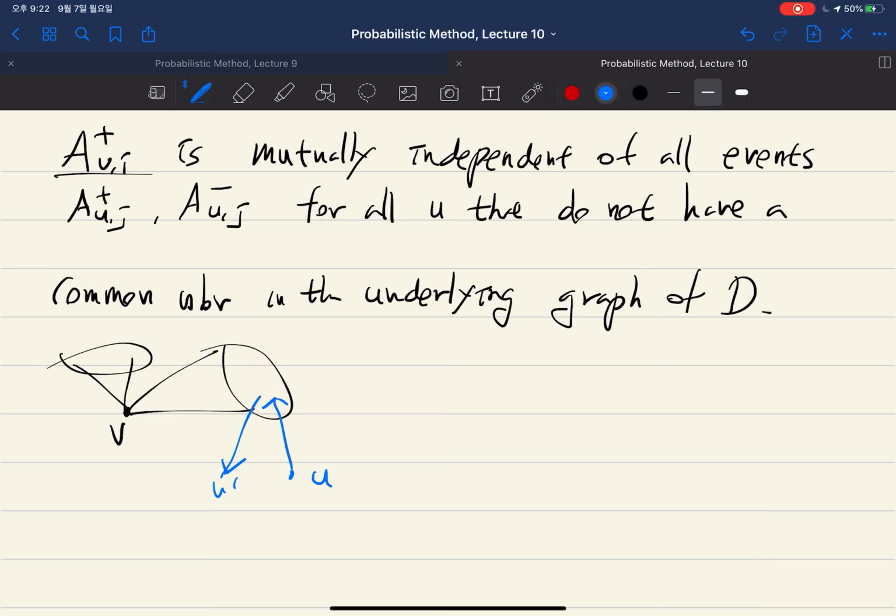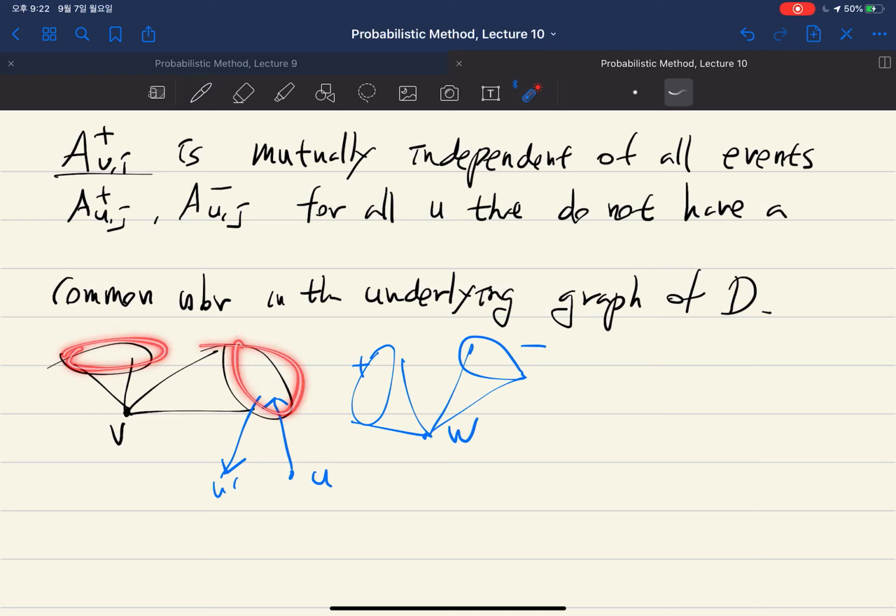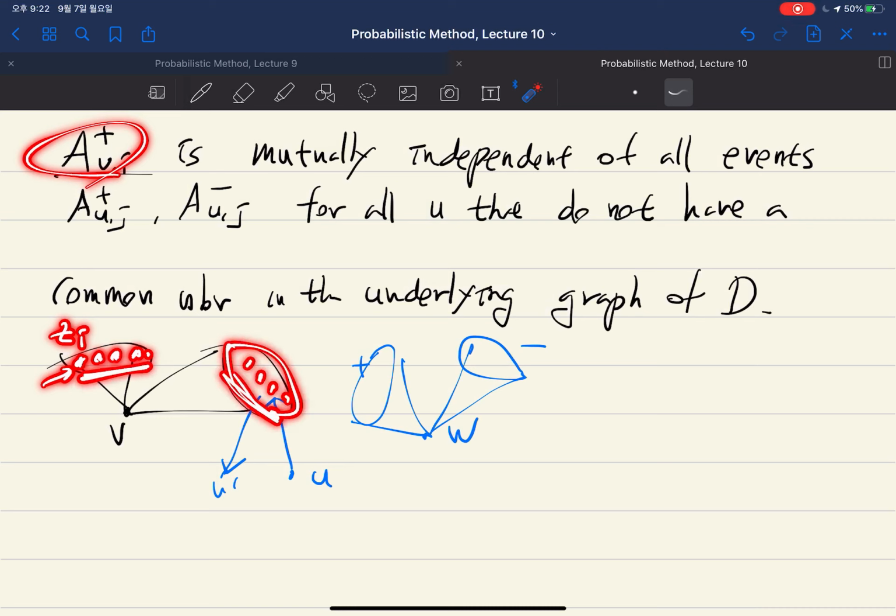However, if we have a w whose out neighbors or in neighbors are not intersecting with these, then by the mutual independence principle, this event only depends on each of the g i, which are independent random variables which give a color to the vertices, depending on whether you are taking plus or negative.